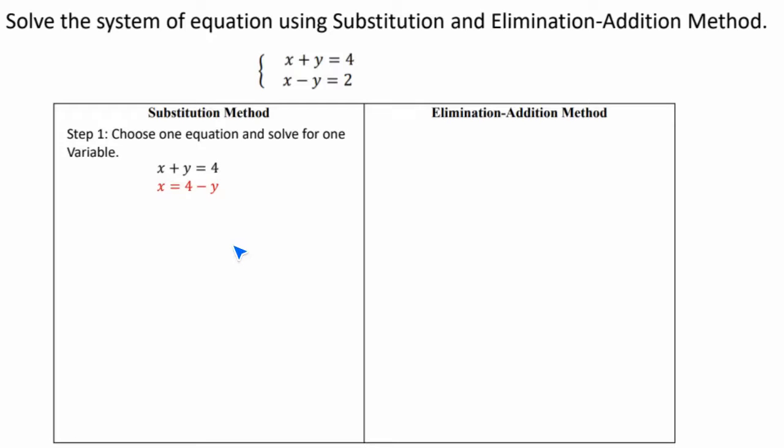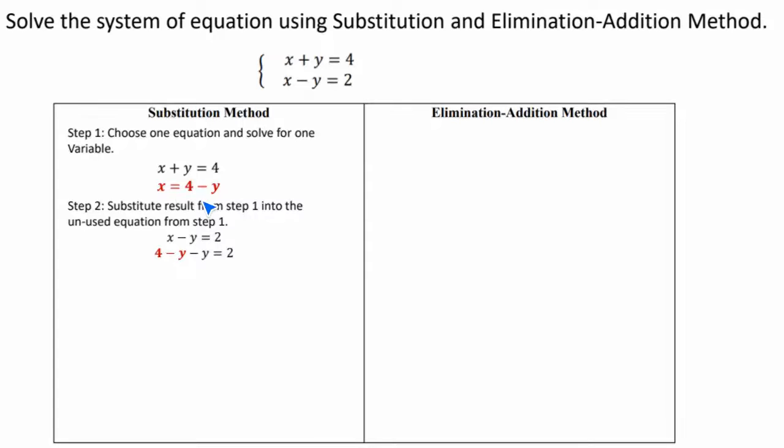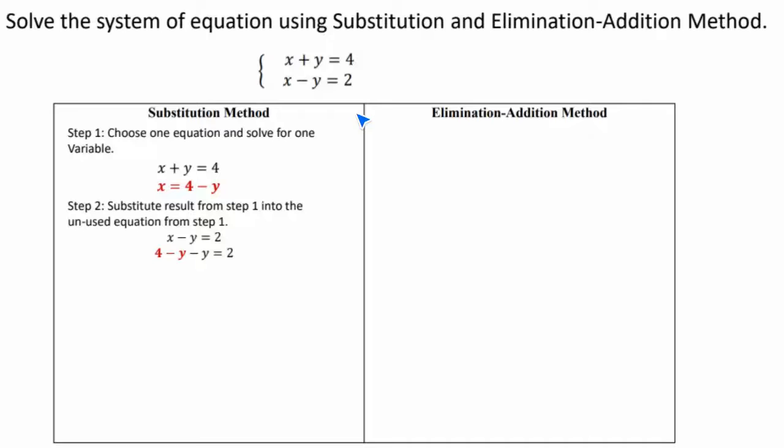Now, for step number 2, we take that result, x equals 4 minus y, and substitute it into the unused equation from step 1. We haven't used x minus y equals 2, so I write it here.